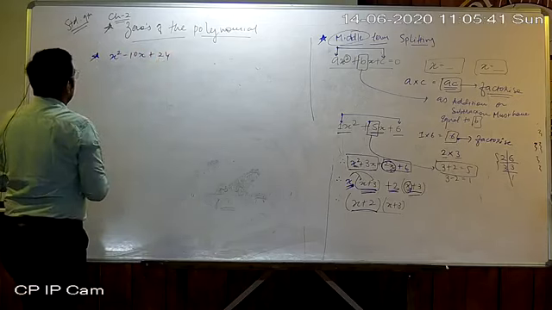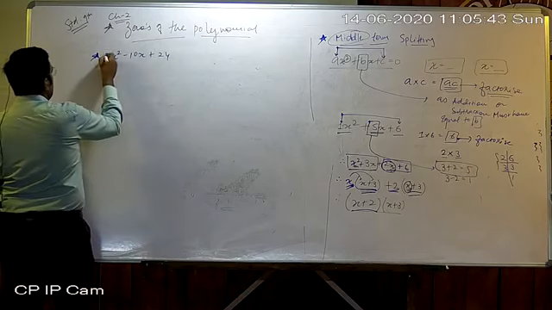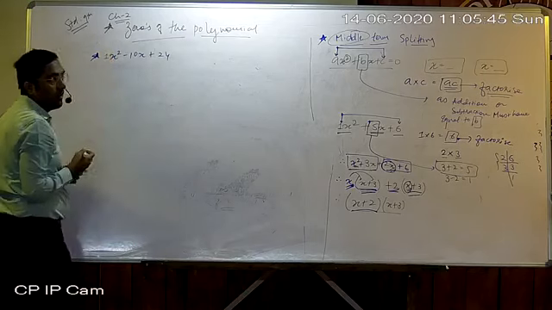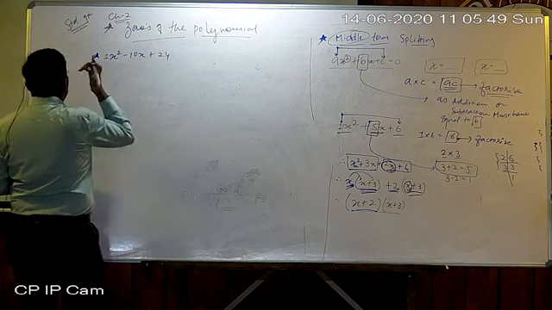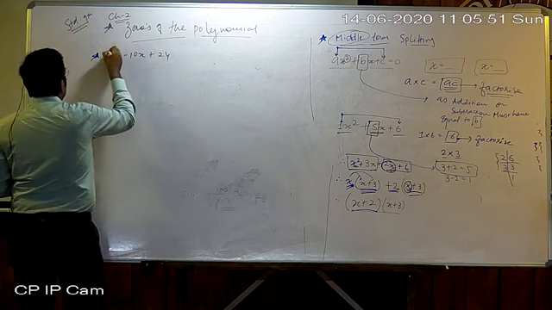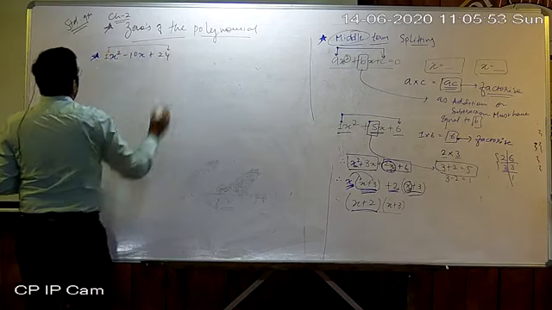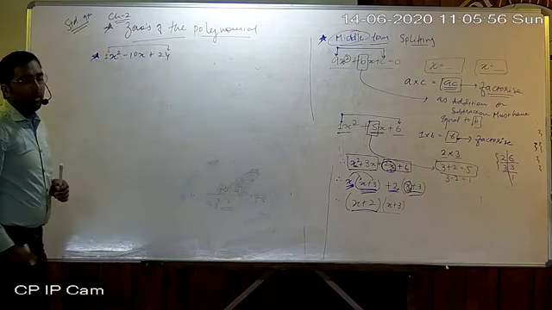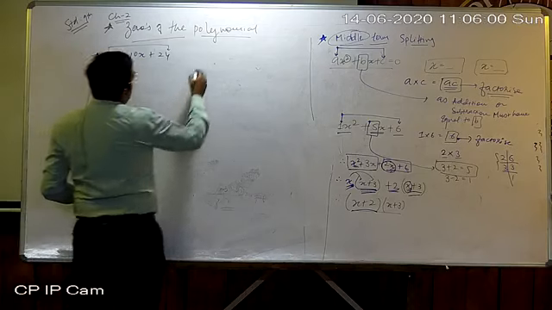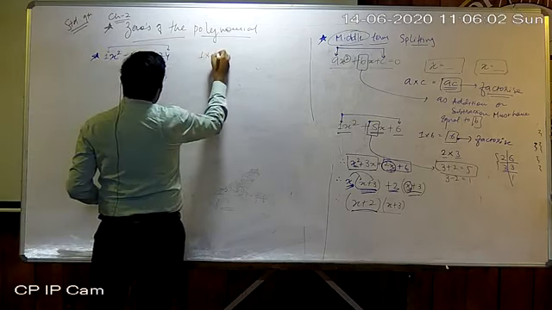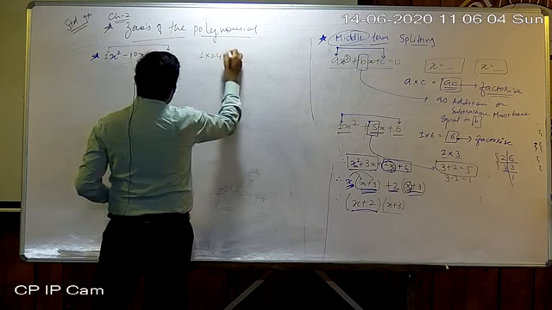Here you can see that a 1 is also given. If there is no number given, multiply the first and last term. So your multiplication is 1 into 24, which is 24.